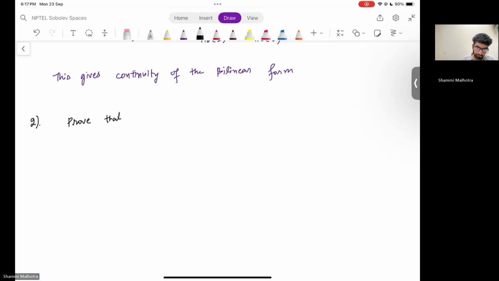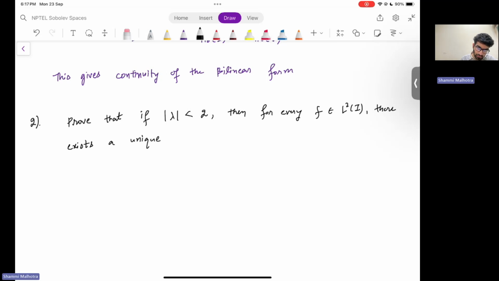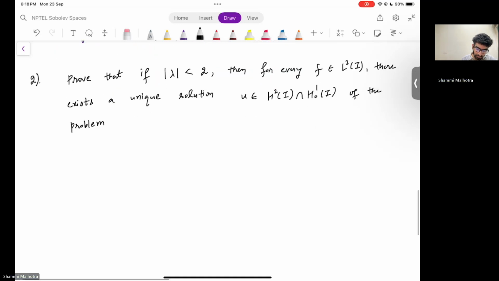Let's prove that if mod lambda is less than 2, then for every f in L2(I), there exists a unique solution in H2(I) intersection H01(I) of the problem minus u'' plus u minus lambda u0 equal to f on I, and u(minus 1) equal to u(1) equal to 0.